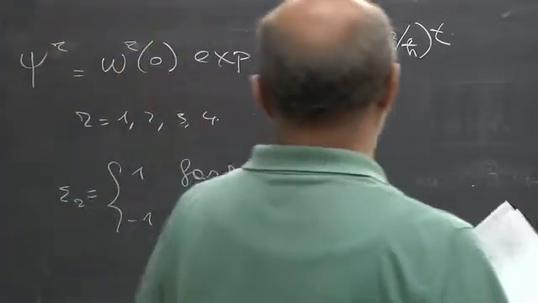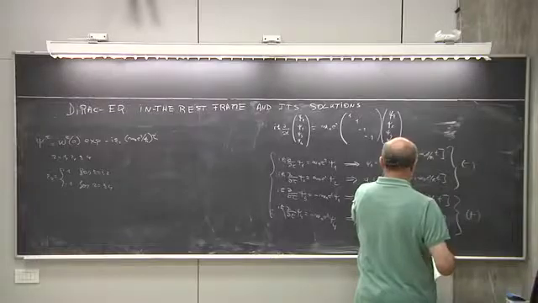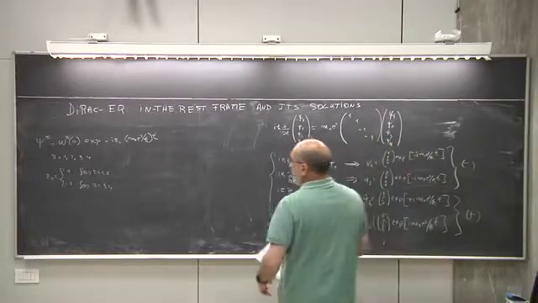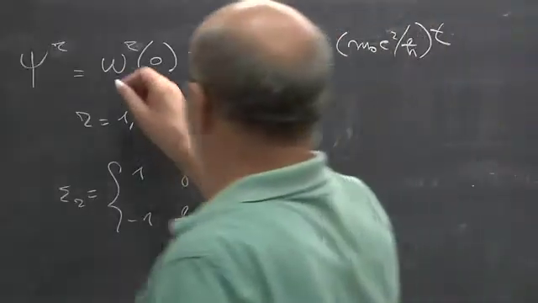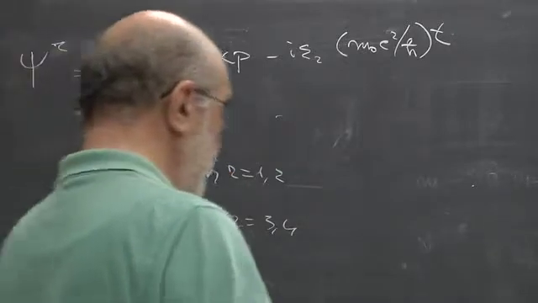Because you see, this ε_r is plus 1 for these two, and is minus 1 for the other two.